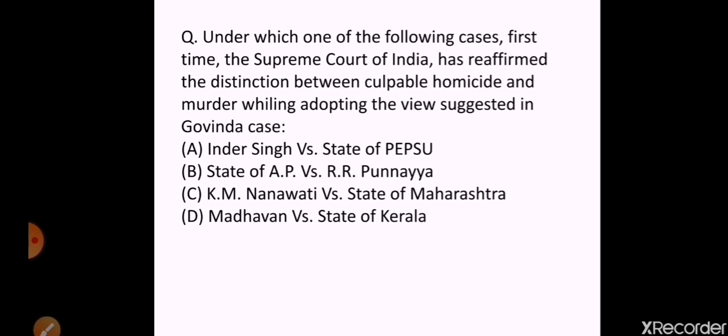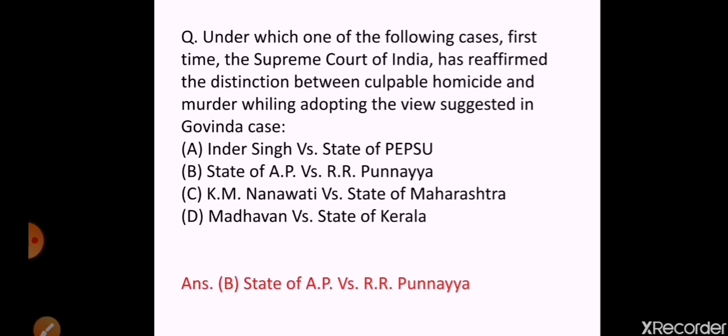Hopefully you will know this, but if not, let me tell you the correct answer. Option B is the right answer, State of AP versus R.R. Punnaya. In this case, the Supreme Court held that in the scheme of the Indian Penal Code, culpable homicide is genus and murder is its species.